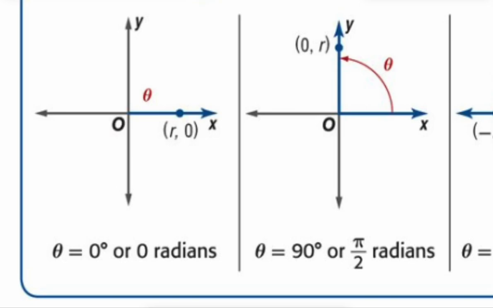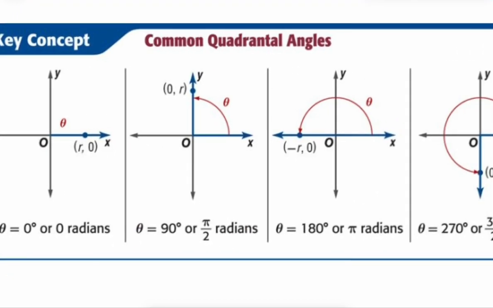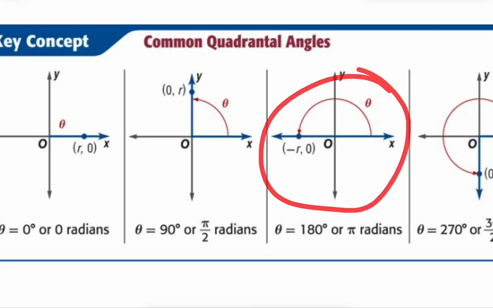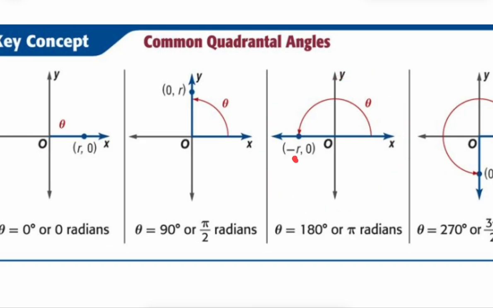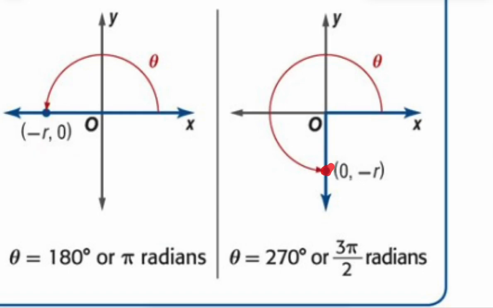And so that is if you land here on the positive x-axis. 90 degrees is if you land on a point like (0, r). If you land over here, it's going to be 180, if it's (negative r, 0). And then if you land down here, that's going to be 270, or (0, negative r).